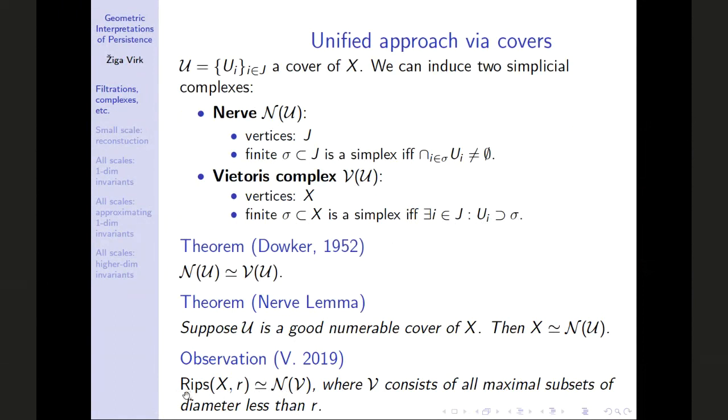So maybe what is missing here is that the Rips complex of x at scale r coincides with the Vietoris complex of this cover, and that is homotopy equivalent to the nerve. So this is our connection between Rips complexes and nerves.